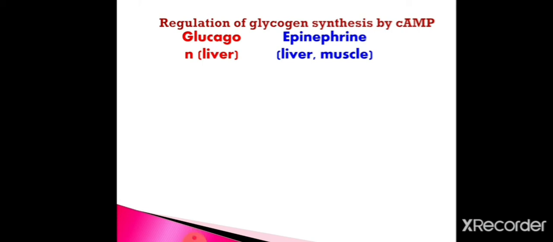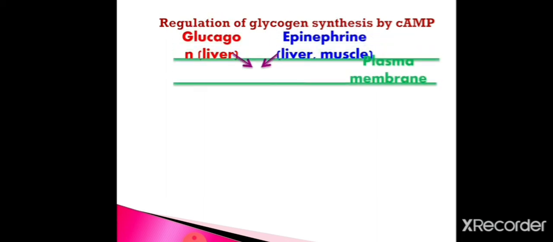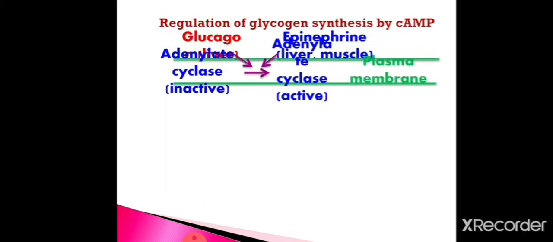So when epinephrine or glucagon attaches to the receptor present on the cell membrane, the enzyme adenyl cyclase is activated. This activated adenyl cyclase will convert ATP into cyclic AMP.